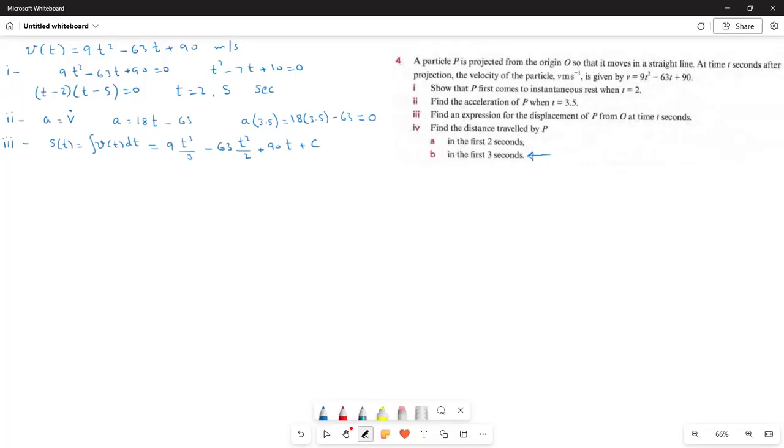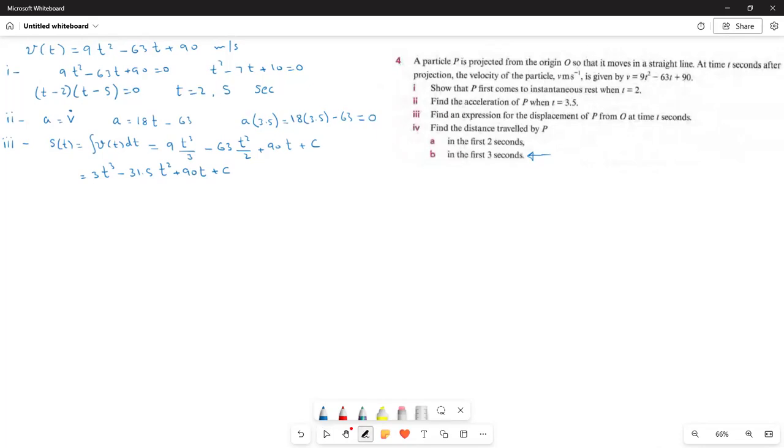This can further be written as 3t cubed minus 31.5t squared plus 90t plus c. Again, we know that the object was at the origin at time 0. So when t is 0, s was 0.